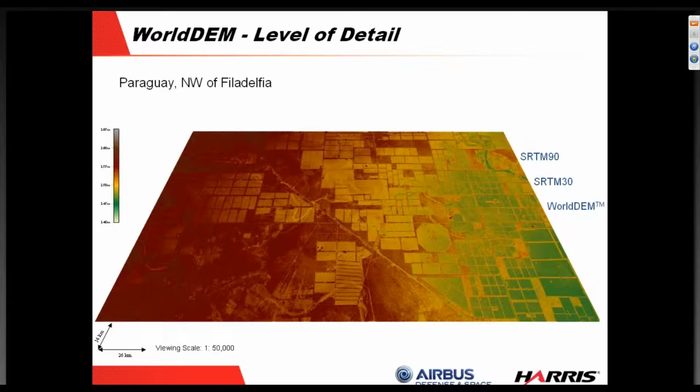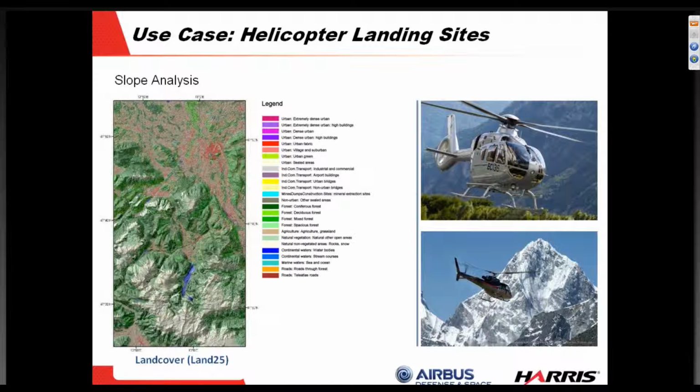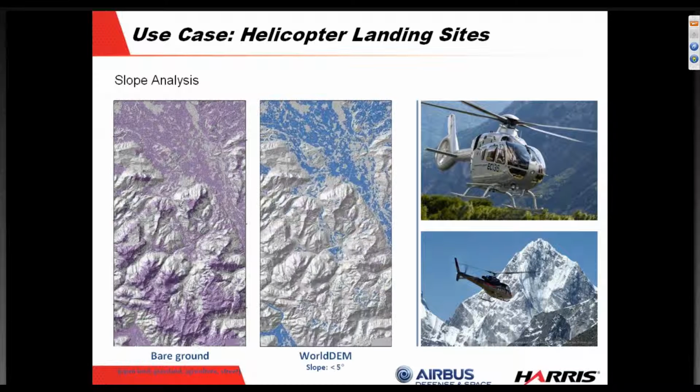Now, talking about all this quality and level of detail, I like to show use cases where accuracy is key. Here is an example for helicopter landing sites. To identify those sites in certain areas, a land cover map is helpful to extract bare earth areas and to combine this with very accurate elevation model information for analyzing the slope.